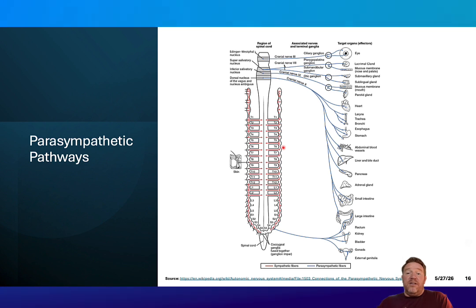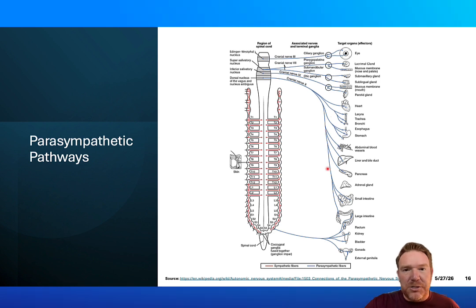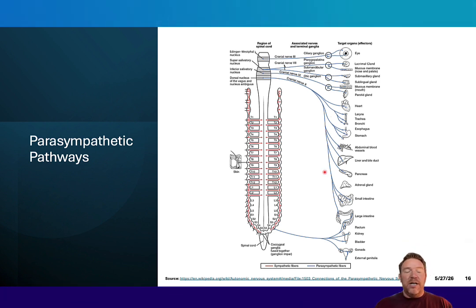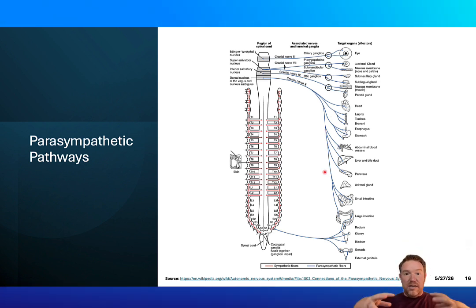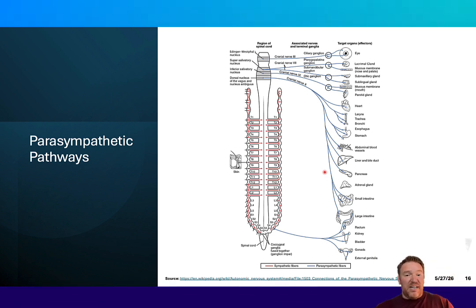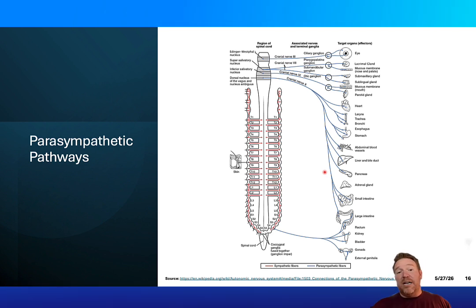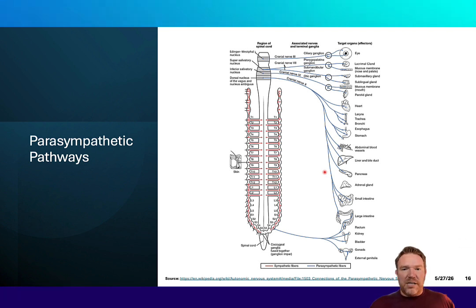And that's important. For rest and repose, we don't need a ton of inputs. A lot of these organs have gap junctions, and those cells talk to one another. So we don't need as many inputs into the system. We're not going to dump a bunch of acetylcholine in and try to get everything down really quickly. Sympathetics, we need a jolt. And so that's why you have a lot of inputs for sympathetics. But parasympathetics, not nearly as much.